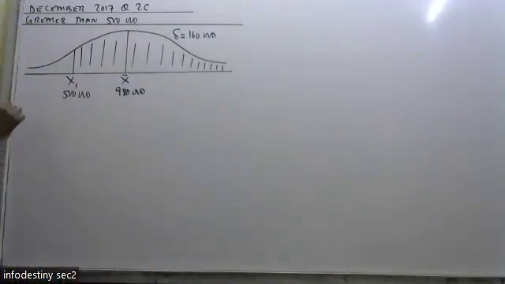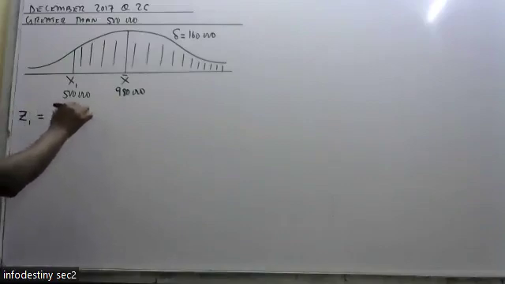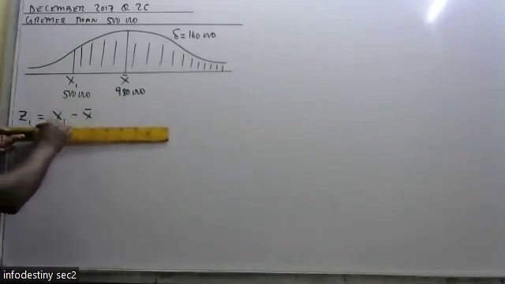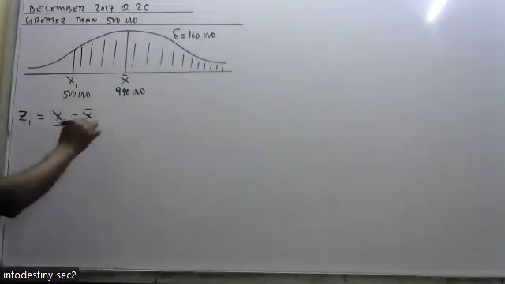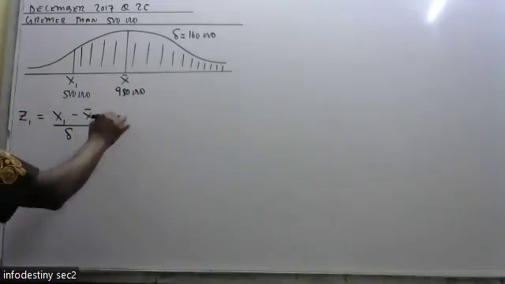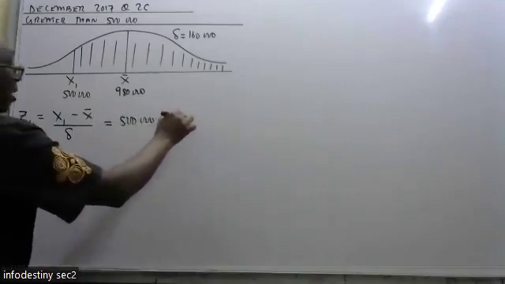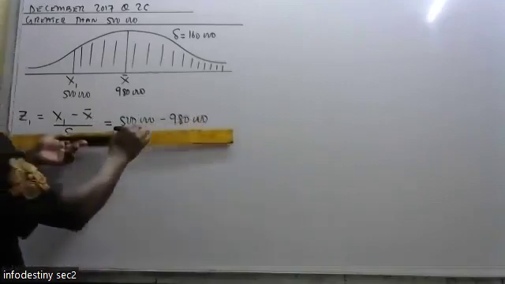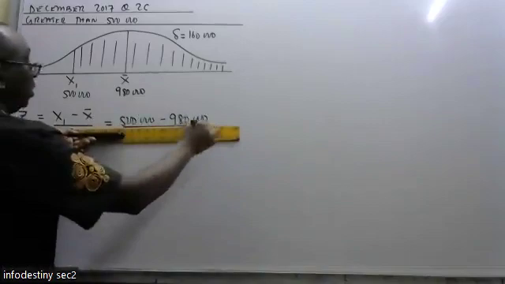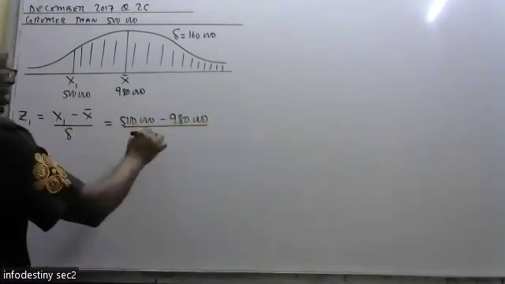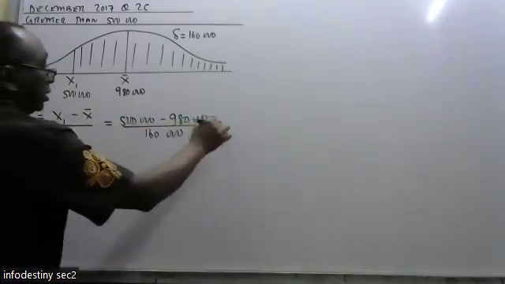From there you get Z1 as X1 minus X bar divided by standard deviation. So this will be 500,000 minus 980,000 divided by 160,000.